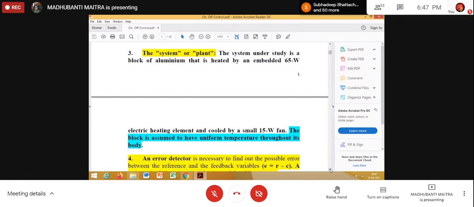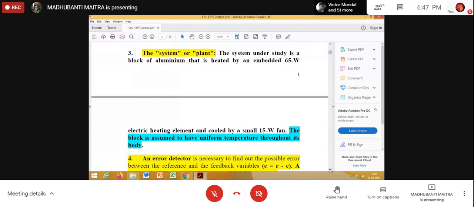So we conceive a situation where the temperature of the plant increases and the controller is able to control the increase in the temperature. Secondly, it might so happen that the temperature of the plant may decrease.